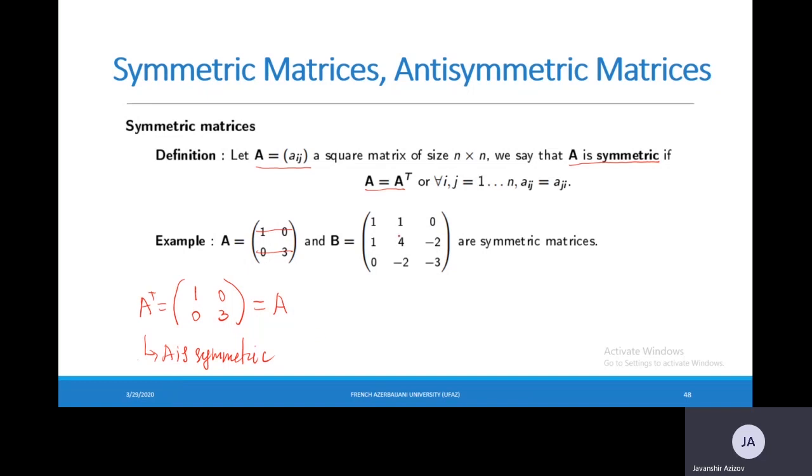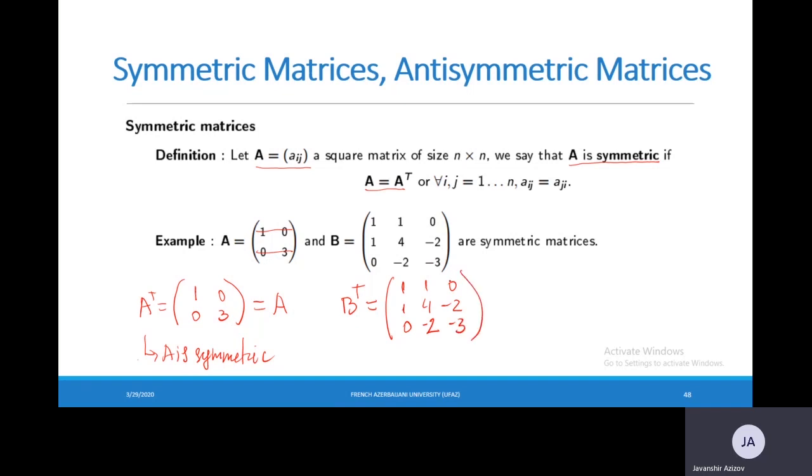Let's look at the matrix B. As you know, the transpose of B is, we take the first row as the first column, 1, 1, 0. Then we take the second row as the second column, 1, 4, minus 2, and the third row as the third column, 0, minus 2, minus 3.